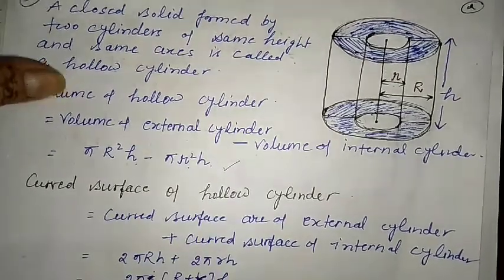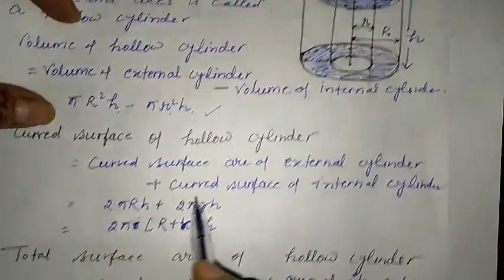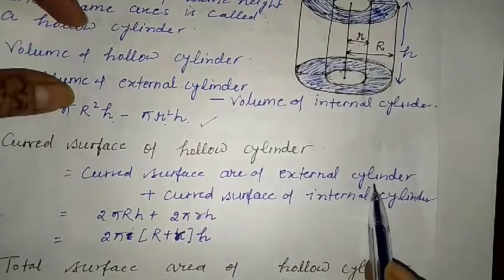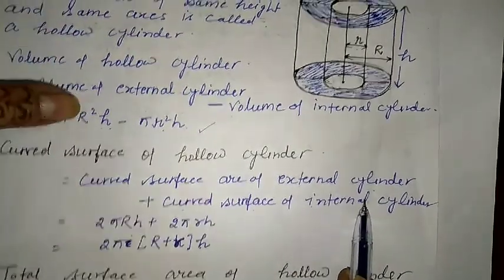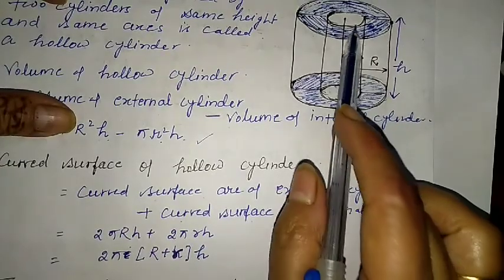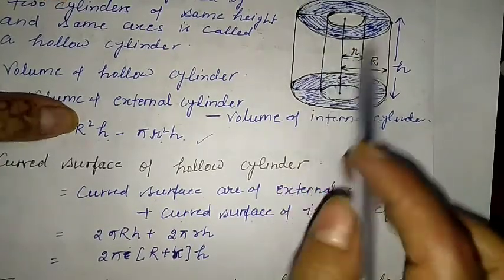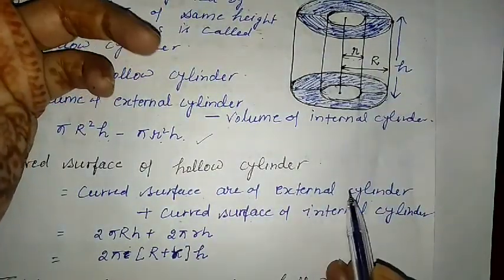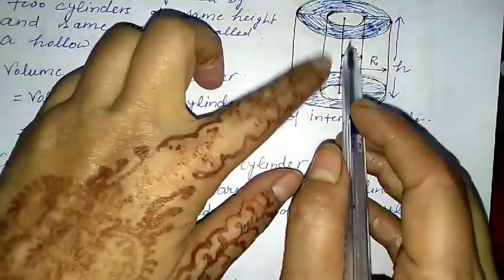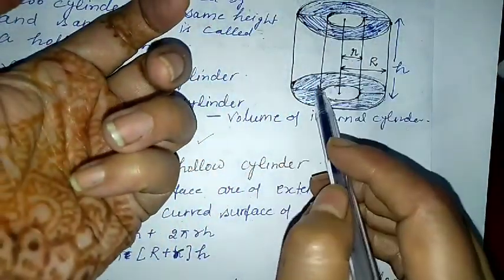If we have to find the curved surface area of the hollow cylinder, so curved surface area of external cylinder plus curved surface area of the internal, because hollow का मतलब है कि figure तो यहाँ बना हुआ है, बाहर हमारे पास एक सिलेंडर है, तो that is a curved surface area of external cylinder. अंदर से हमने एक scoop किया है, इस सिलेंडर को scoop बाहर निकाला है. मतलब impression तो वहाँ है.